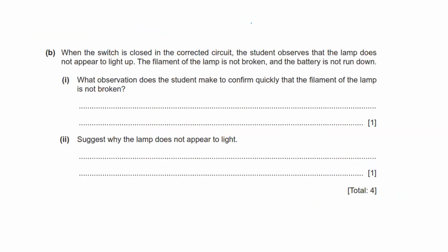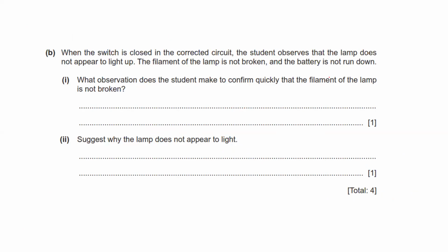Okay. So moving ahead, part B, it says the switch is closed in the corrected circuit. The student observes the lamp does not appear to light up. The filament of the lamp is not broken and the battery is not run down. What observation does the student make to confirm quickly the filament of the lamp is not broken?